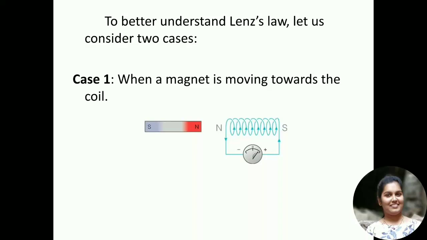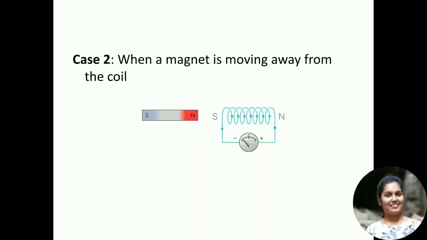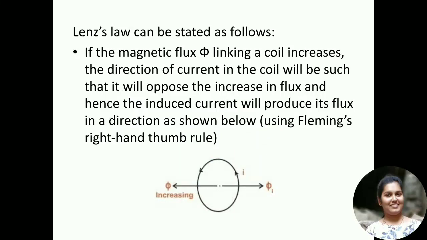So from these two cases, we can observe what happens based on Lenz's law when a magnet moves inwards, and when the magnet is moving away from the coil. Lenz's law can be stated as follows.